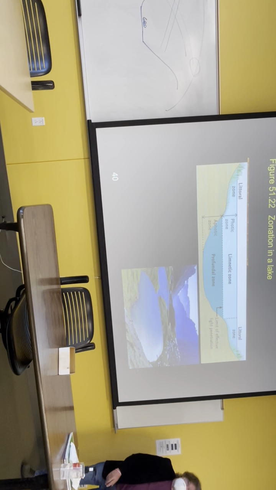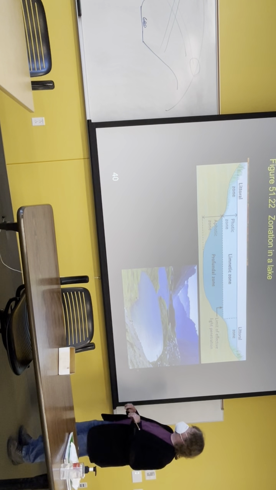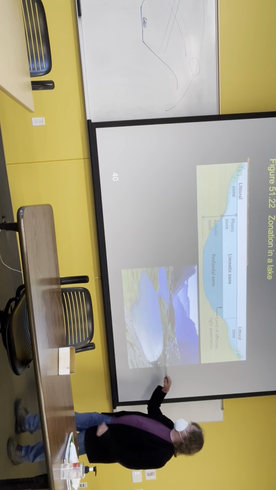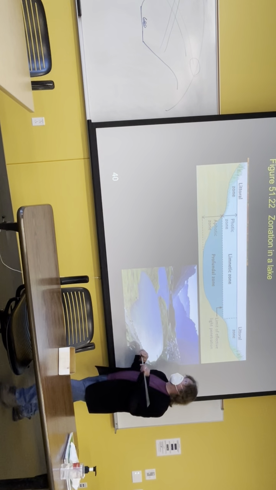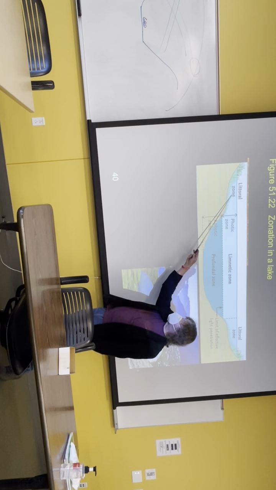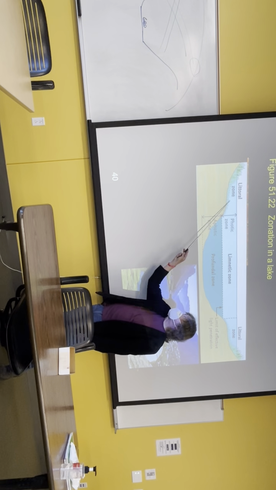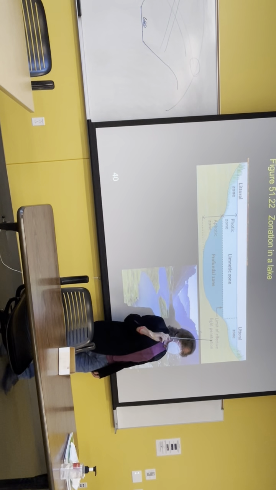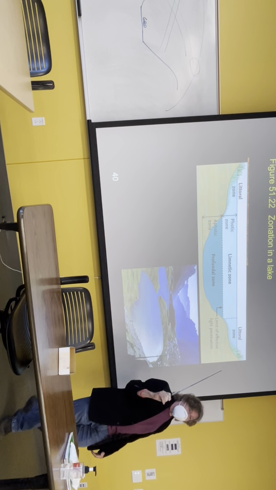Now, the photic zone and aphotic zone are still divided up into biomes. Near the shore is called the littoral zone, okay? This is the one that has the highest species richness, the highest number of living things.